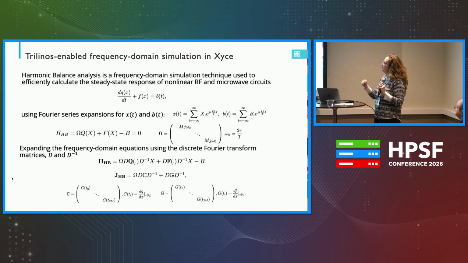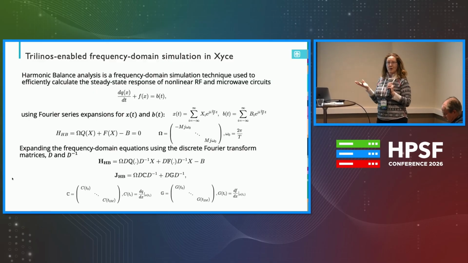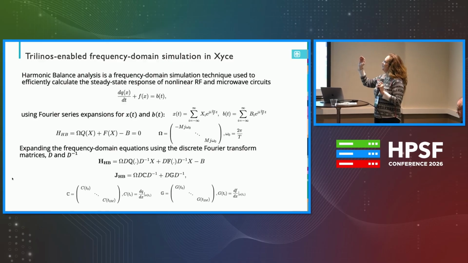Then inside of that, you have to evaluate q(x), f(x), but our devices are time domain models, so you cannot evaluate them in the frequency domain unless they're linear. Yes, you can do that, but they're mostly nonlinear. So then you have to insert a discrete Fourier transform in order to get this block Jacobian system.